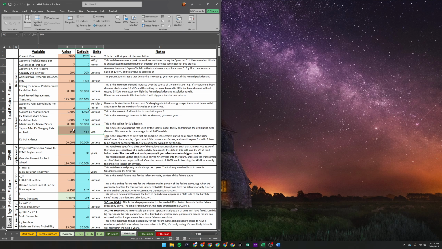The other thing to consider here is maybe you've sent the ratepayer price signals via lower rates at certain times of the day to encourage charging off peak. You may want to make this a lower number, right? Like if on average you've got 10 homes on one transformer, they all average 12 kVA.